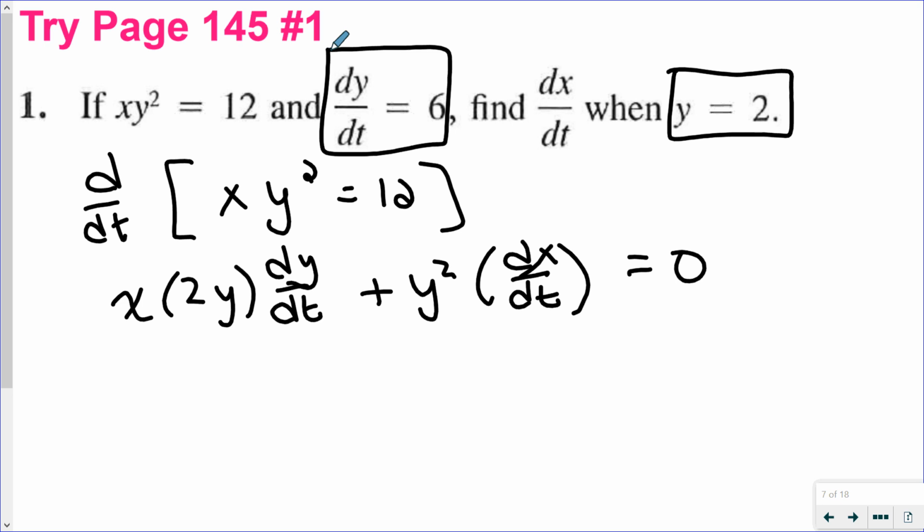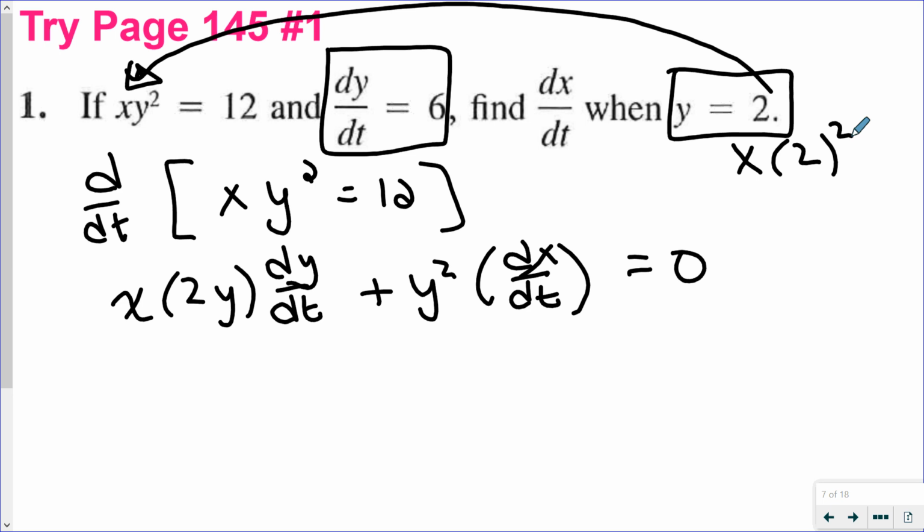If I know y equals 2, I can substitute that value in here and figure out what x is. So if I have xy squared, that's x times y squared, and I know that equals 12. So that means x times 4 equals 12. Divide both sides by 4, and I now know x is 3.